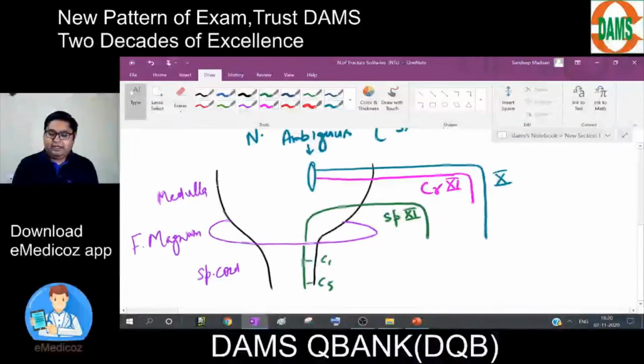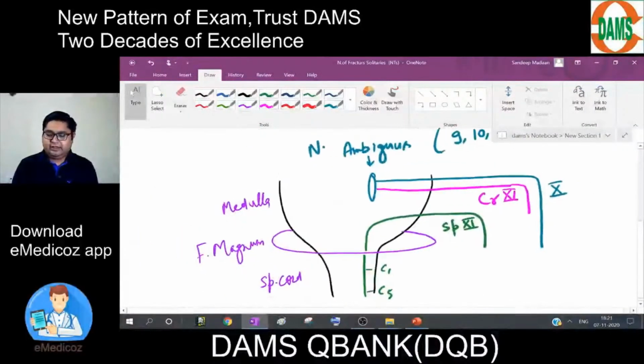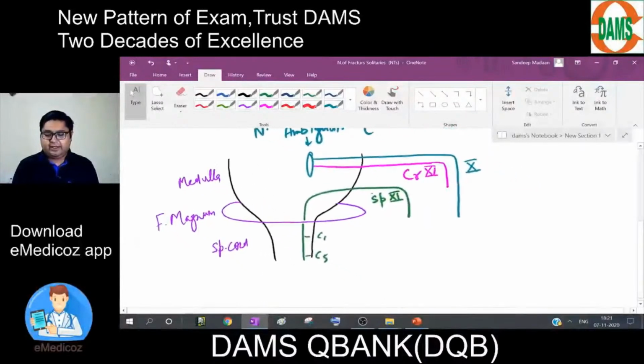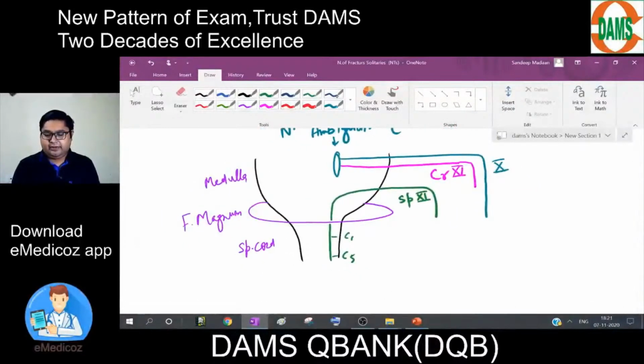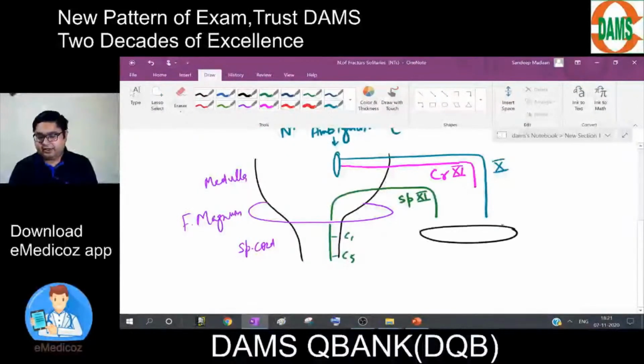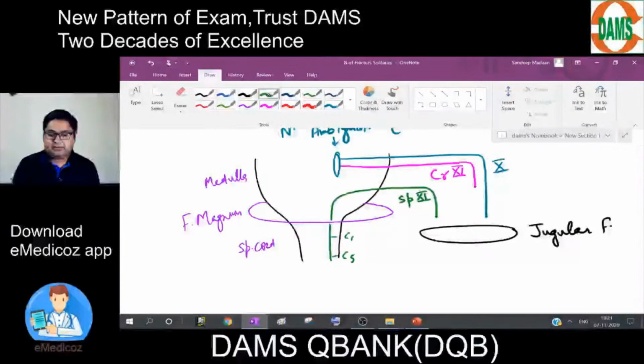And everything, that means these three nerves, 10th nerve, cranial accessory, spinal accessory, along with the 9th nerve, they all will exit from the foramen called the jugular foramen. So they are all going to exit from the jugular foramen. But the exit becomes quite interesting here. How? Let me explain. The spinal accessory will exit as spinal accessory nerve from here. The 10th nerve will exit as 10th nerve.